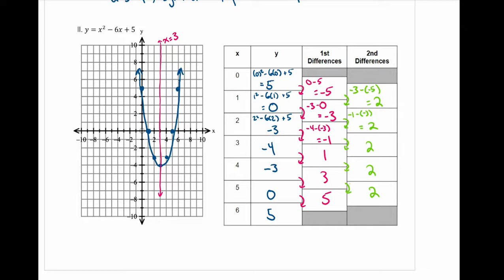If we want to find our vertex, it is down here, and we can see that point is at 3, -4. Our x-intercepts, if we want them, we can see that they cross the x-axis here.